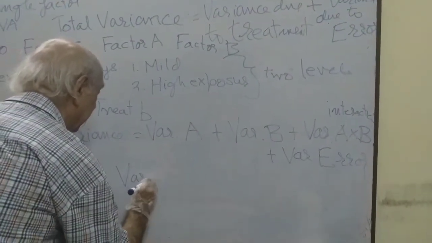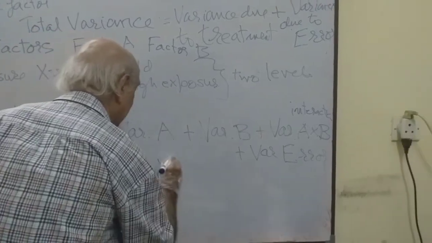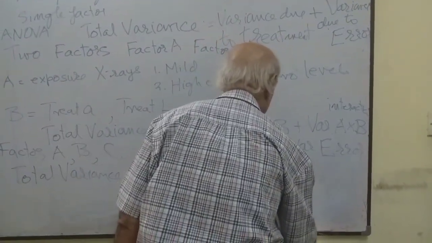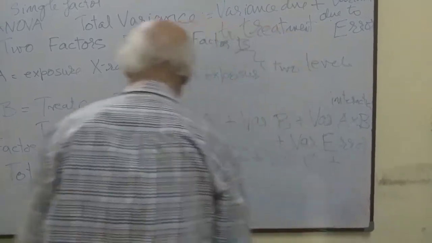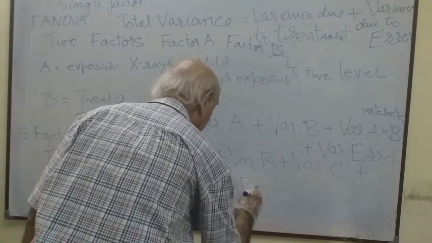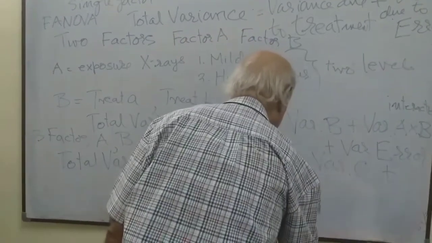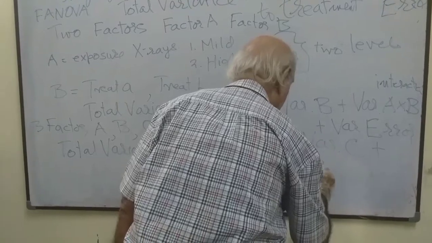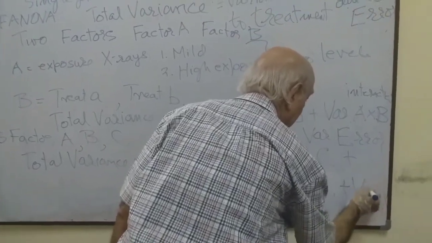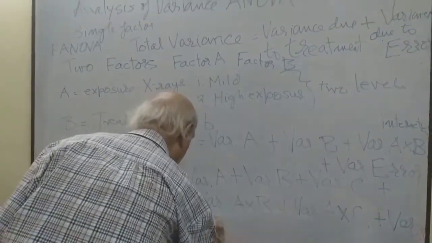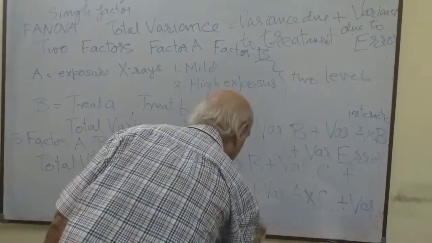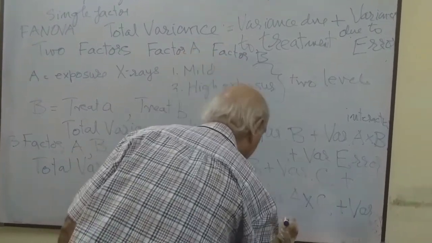Variance due to factor A plus variance due to factor B plus variance due to factor C plus variance due to interaction of A and B, A into B, plus interaction of A into C, plus variance due to interaction of B and C, B into C, plus variance due to error. There will always be variance due to error.